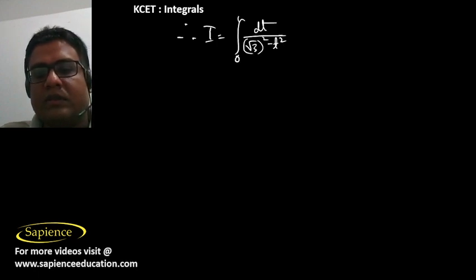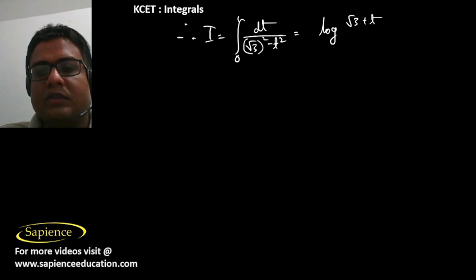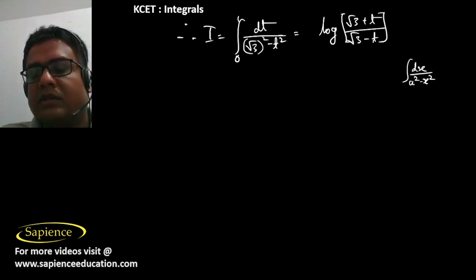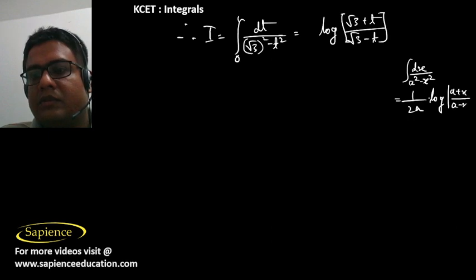So this integral I is equal to integral 0 to 1 dt by (root 3 whole square minus t square), which is log of (root 3 plus t) by (root 3 minus t), since we know that integral dx by (a square minus x square) is equal to 1 by 2a log mod (a plus x) by (a minus x).